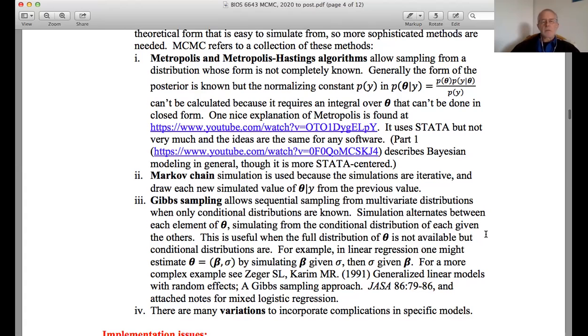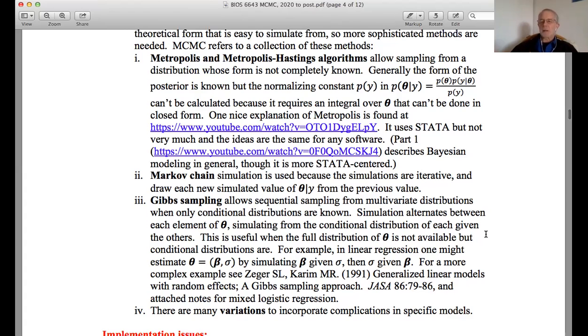The Markov chain part comes from this: you know in R, when you say rgamma, it just spits out 10,000 gammas. There's nothing fancy about it. It just puts them all out at the same time. In Markov chain simulation, it's not that way. They're done sequentially. So you simulate one value, and depending on that value, that determines the distribution that you're simulating the next one from.